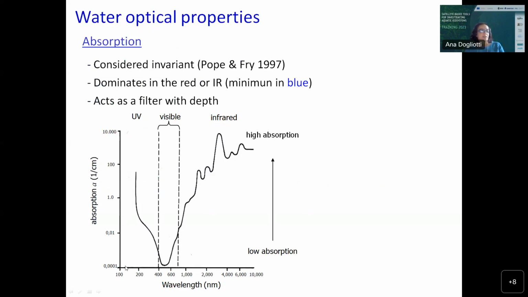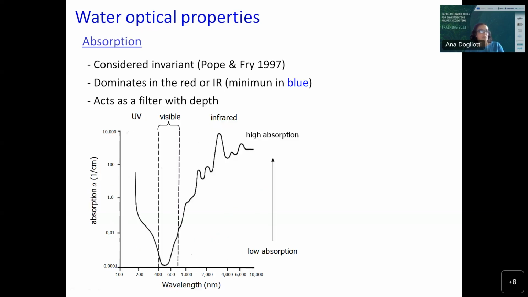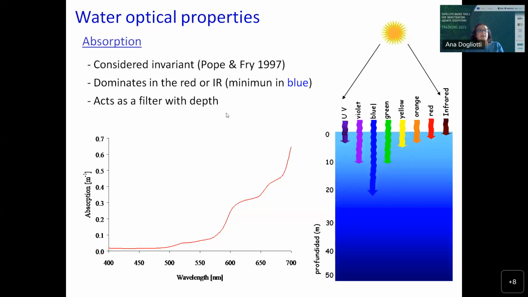Here the spectrum is quite wide because it goes from 100 to 10,000, and the visible is only this part. If we look in more detail at the visible part, it has the shape I showed you before, minimum in the blue, increasing toward the red. And this is part of an interesting characteristic of the absorption: it acts like a filter with depth.